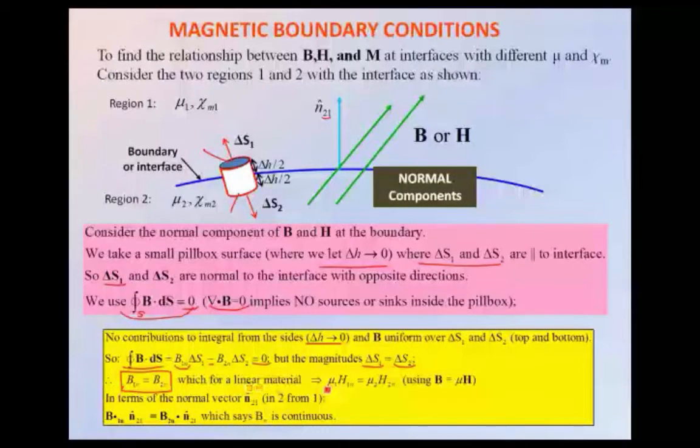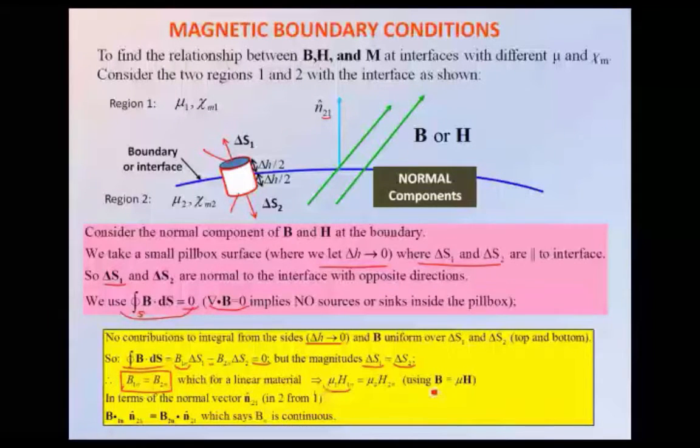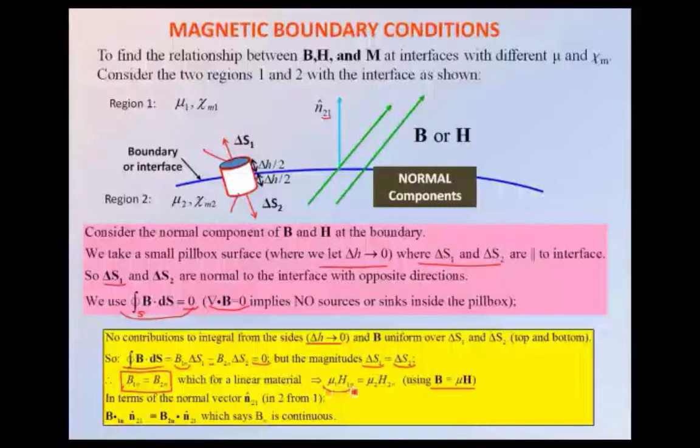For a linear material, we can set B equal to mu H. Here's the vector version of that. On top we have mu1 H1n. On the bottom we have mu2 H2n.